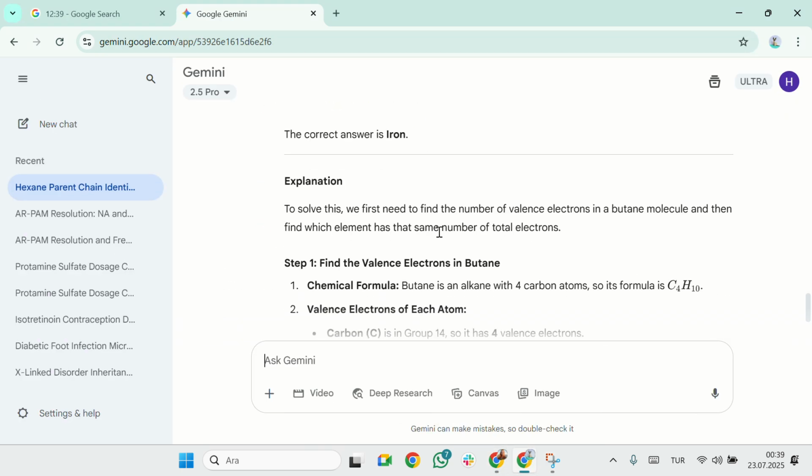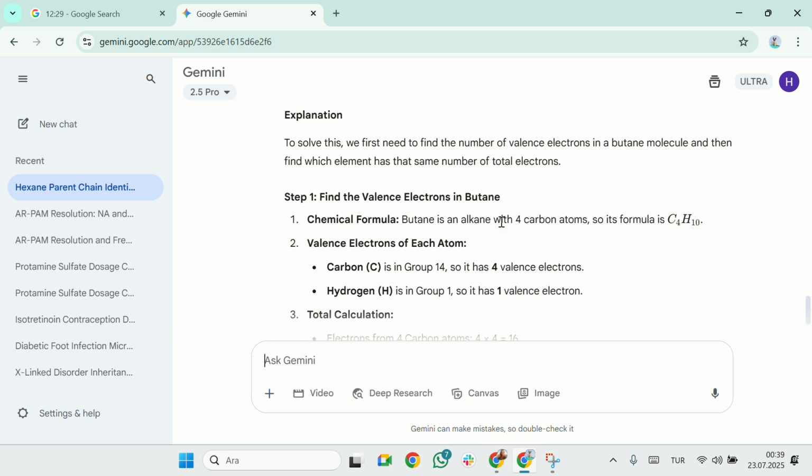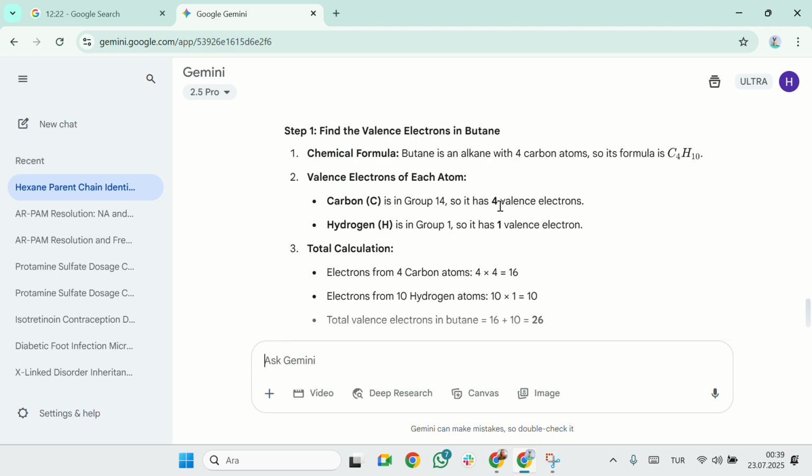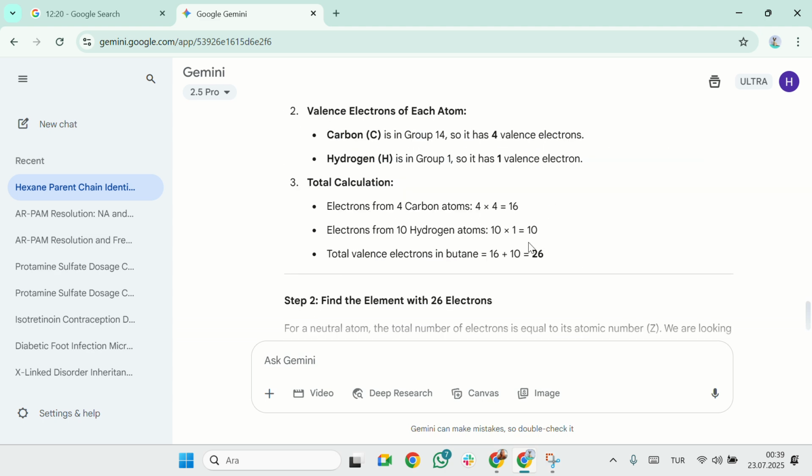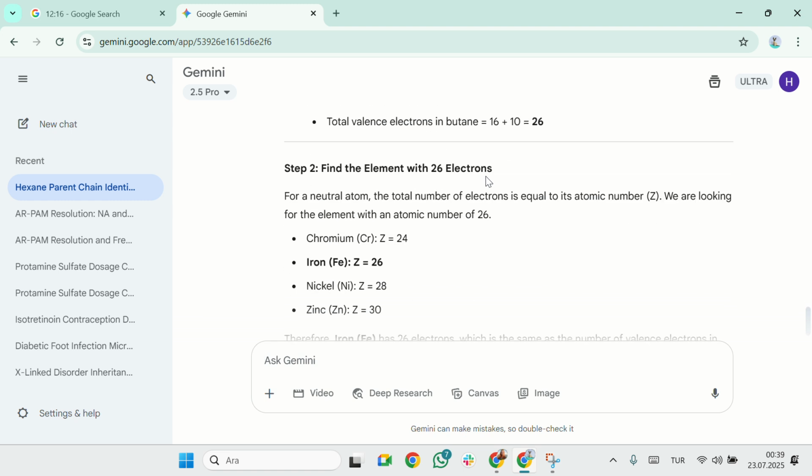And yeah, it's correct. To solve this, we first need to find the number of valence electrons in the butane molecule and then find which element has that same number of total electrons. Butane is an alkane with 4 carbon atoms, so C4H10, and yeah, this is the way I was thinking.